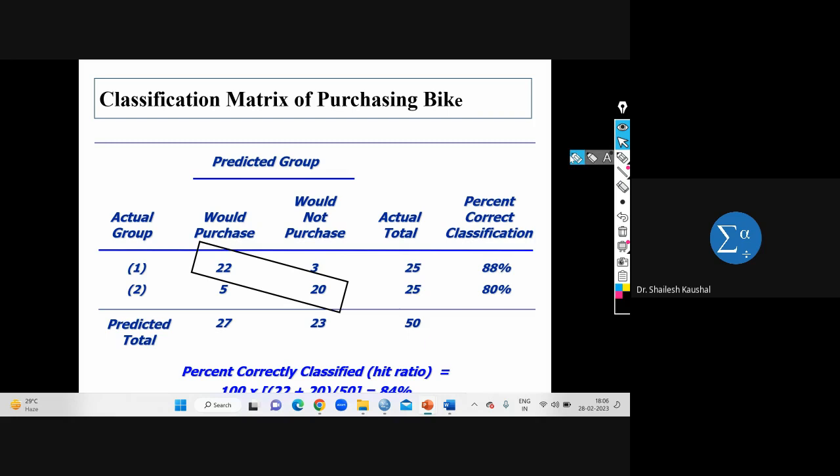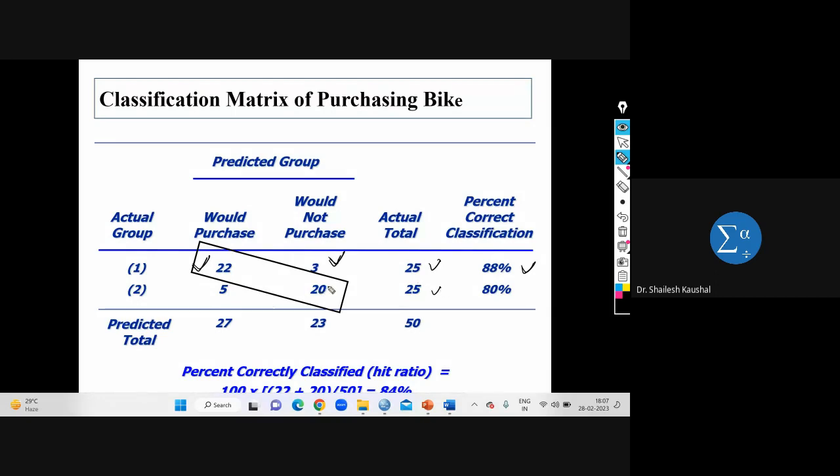Now in this example, we took 25 people who will actually buy the product, but our model is saying that out of the 25 only 22 buy the product and 3 will not buy the product. It means our model classifies 88% correctly. Now we took 25 people who would not buy the product.